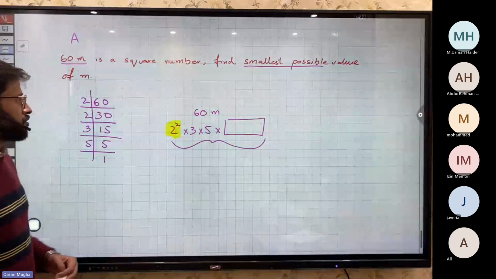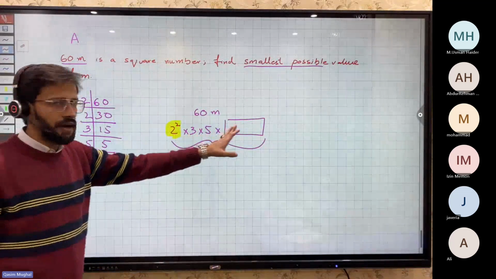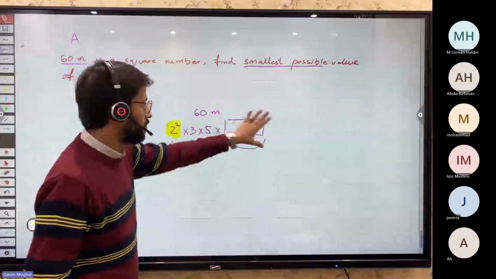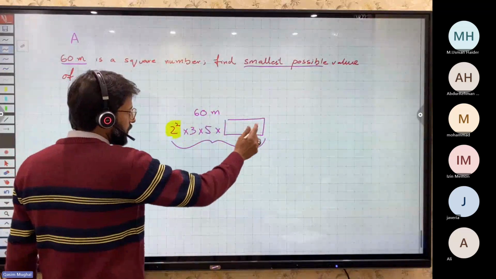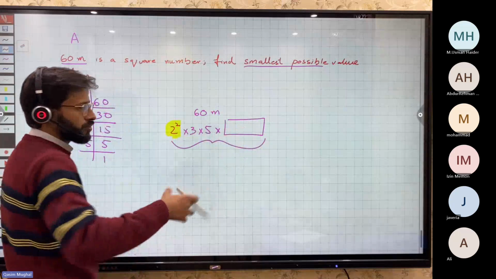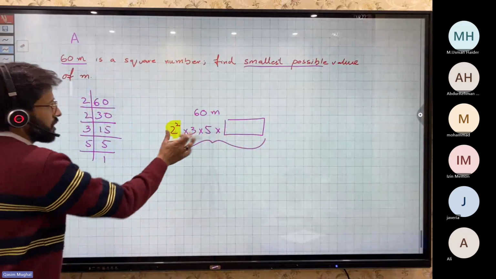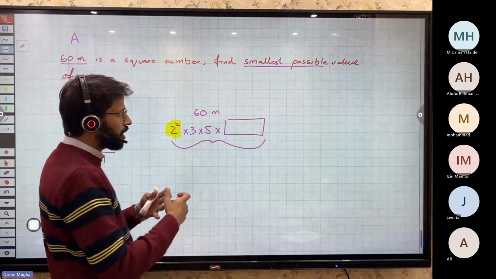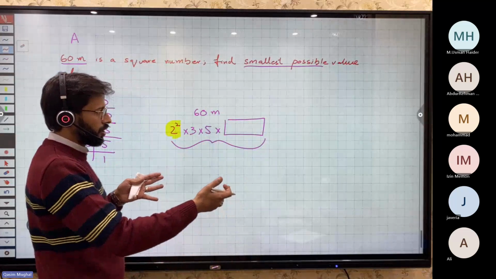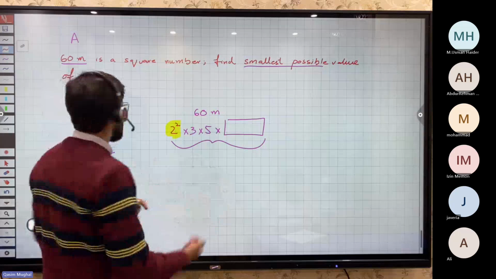Okay, 2 squared, 3 into 5, and then we have something blank over here. Now we need to put a number here so that we obtain a group of squares. Why a group of squares? Because 60 times this number combined is a square number, so our end product should have its prime factors as squares.